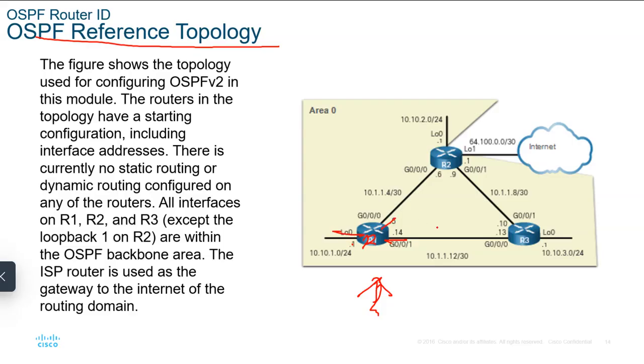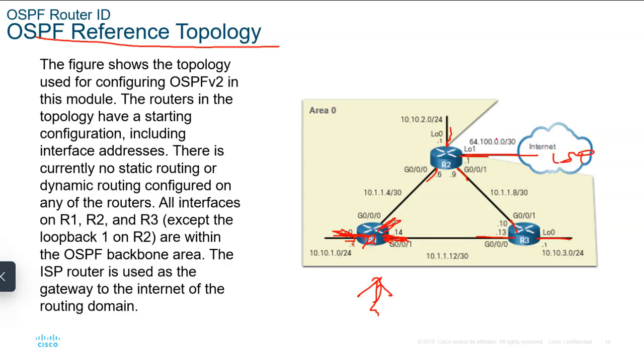This is a loopback interface. This is a loopback interface, this one here, and then these are physical interfaces. This, and then this interface. But this is a loopback, even this is a loopback, and then this is also a loopback. So this loopback is simulating the internet connection, the ISP.